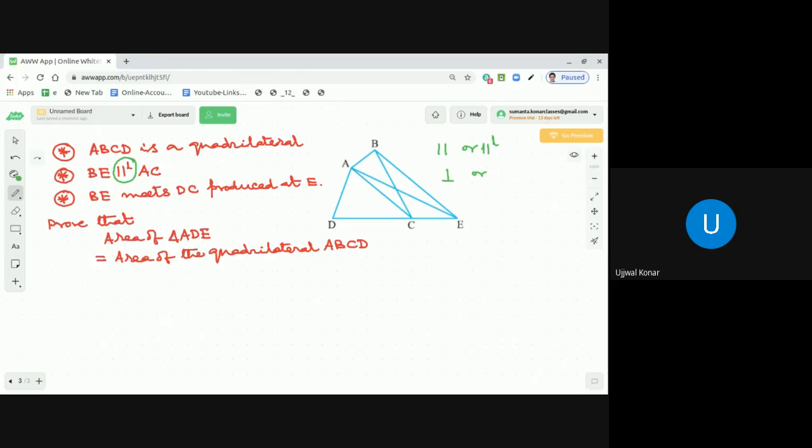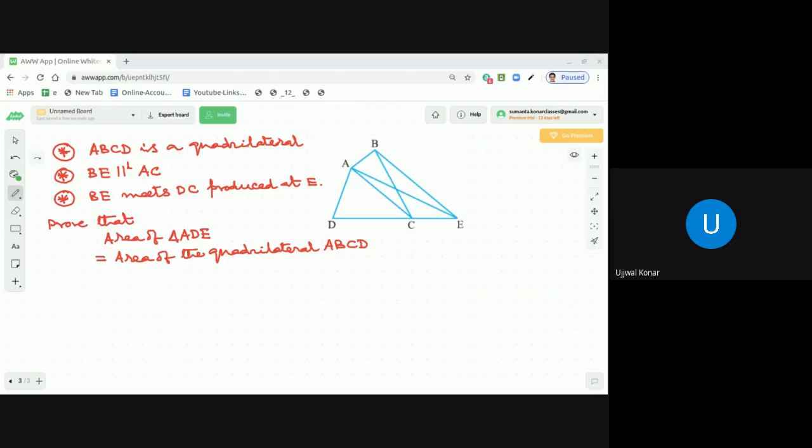All right. Now let us concentrate on the question. Is the question very clearly understood? You need to prove that the area of the triangle ADE is equal to the area of the quadrilateral ABCD.